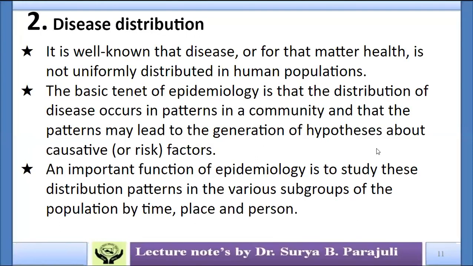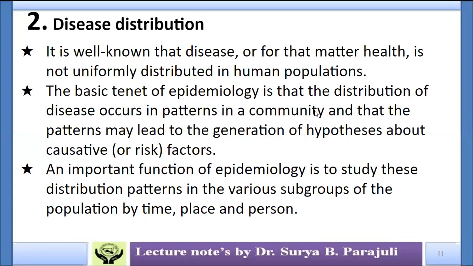The second part is distribution of disease. It is well known that disease, for that matter health, is not uniformly distributed in human population. COVID-19 is not uniformly distributed within the population of Nepal. The basic tenet of epidemiology is that the distribution of disease occurs in a pattern in a community.